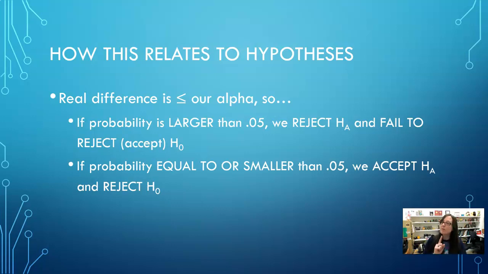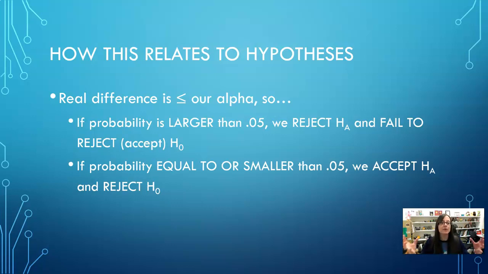But if you get that probability at the 0.05 level or smaller, and typically it's smaller because getting exactly 0.05 would be a statistical improbability at best, then you accept the alternative hypothesis. You reject the null and say, yes, our hypothesis was correct.